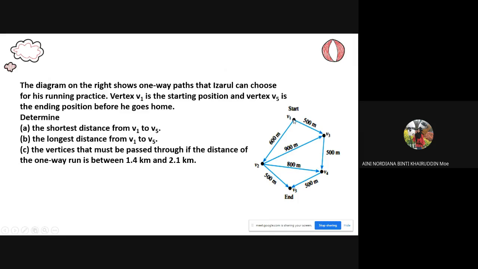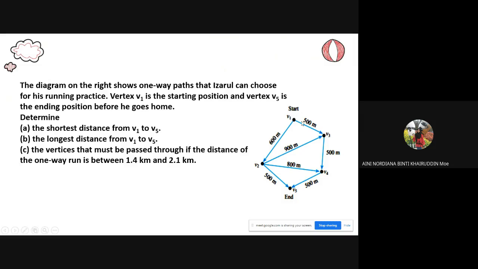So actually, from V1 to V5, there are many ways. You can use V1 to V2, then V2 to V4, then V4 to V5. Or V1 to V3, V3 to V4, V4 to V5.